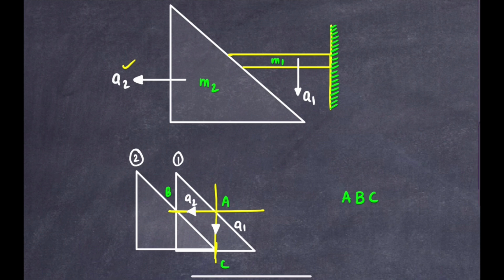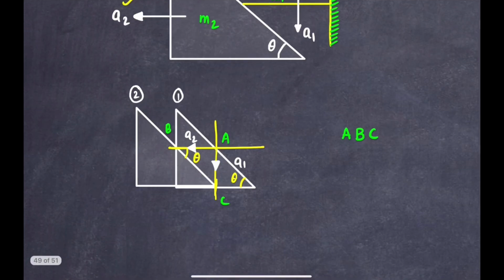Okay, see, again this angle is given to be theta. So if this angle is theta, this angle will always be theta. So again what can we apply from the triangle? From the triangle ABC, tan theta will be what? AC upon AB.